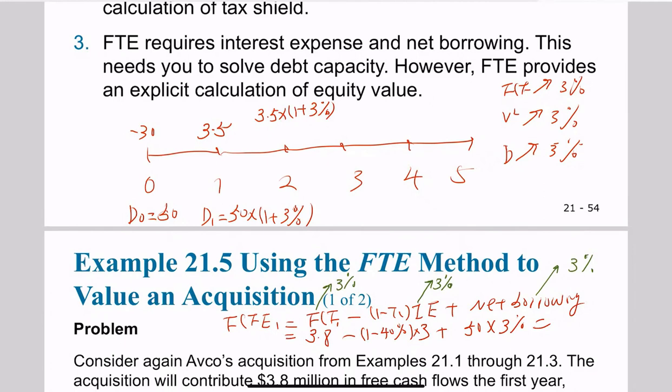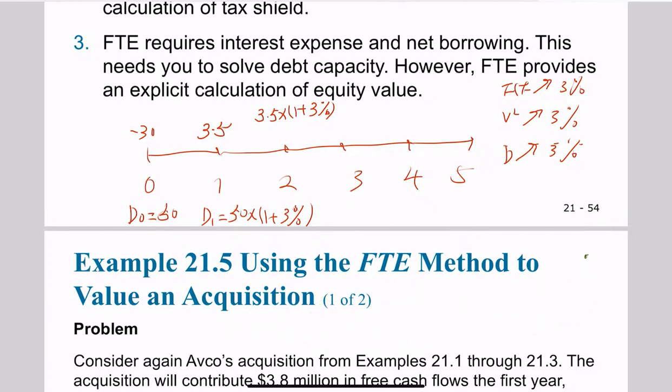Okay, now we have got everything we want to find out the net present value of this project. So the net present value of this project using the free cash flow to equity method is the first cash flow plus 3.5 divided by the discount rate.